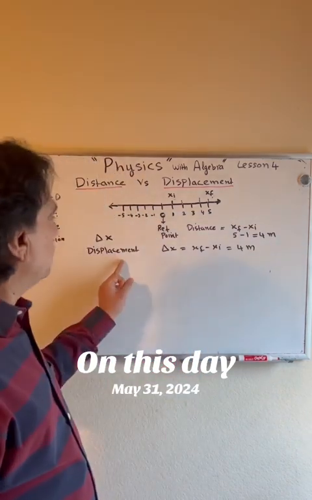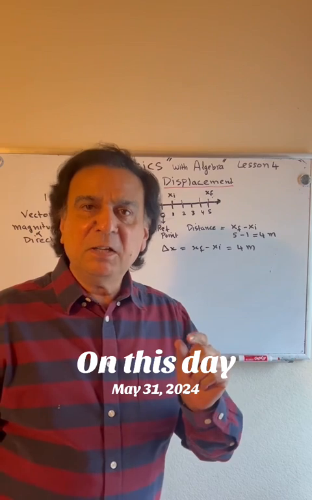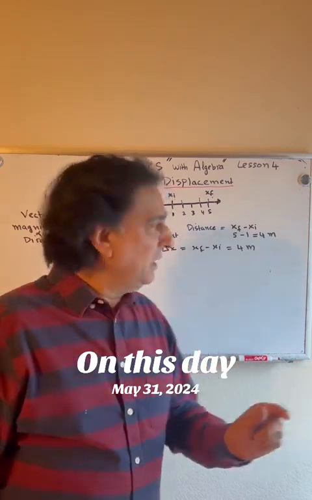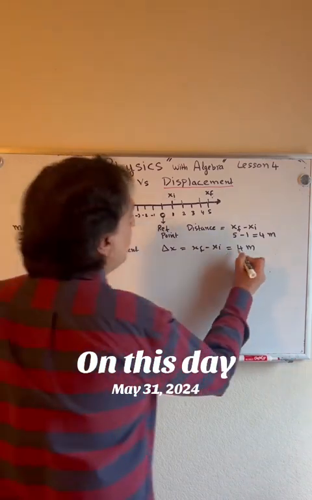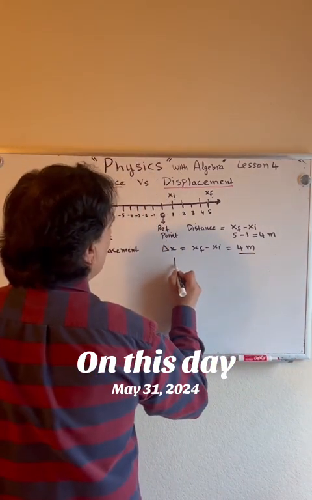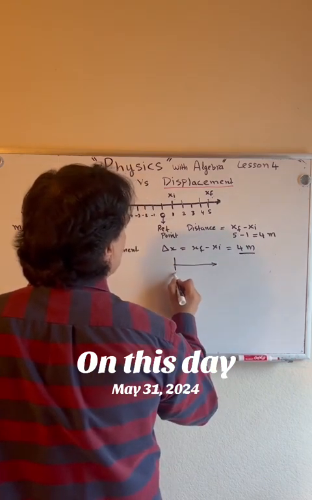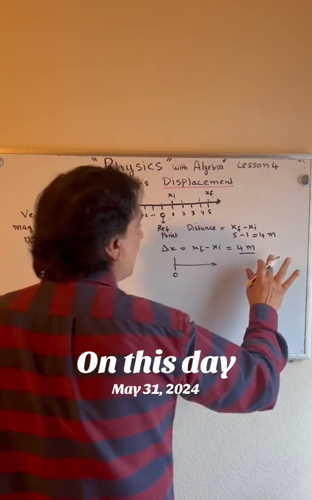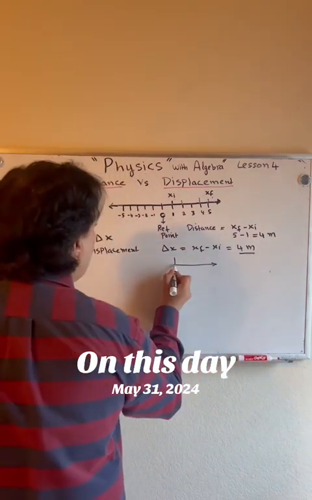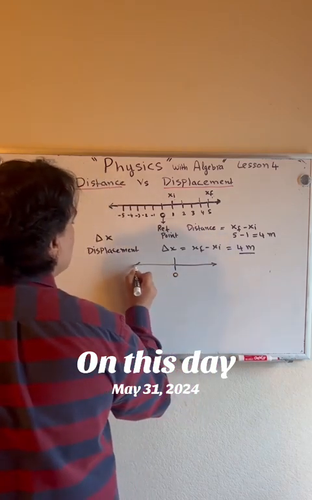The difference is that displacement is a vector. And what is a vector? A vector is something which has magnitude and direction, okay? So when I get positive 4 meters, that means I am going from the origin towards the right, okay? If my delta x was minus 4, then I would say instead of going right, I'm going toward the left, okay?